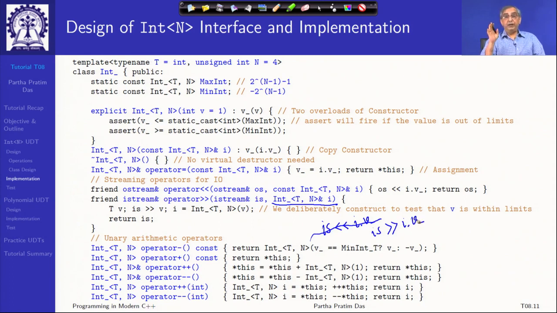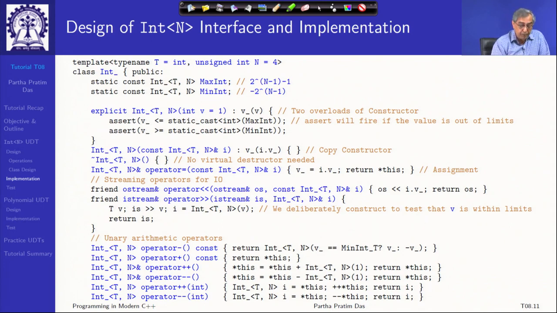I could have simply written that, but I am not choosing to do that. Just see what I am doing. I have declared a temporary variable v, and I have read the input value in v, and I have tried to construct an int object, and then that constructed object I have assigned to the given parameter I. The reason for that is this construction process will naturally lead to the assertions being checked.